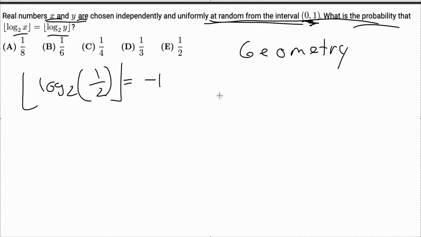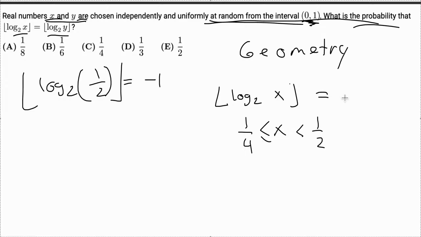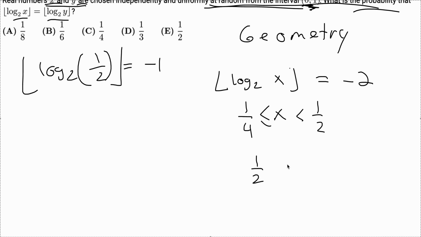But for the floor of the log base 2 of some x, let's say x has to be less than 1/2 but greater than 1/4. So if we have something less than 1/2, then we know that floor is going to be -2. And similarly, we can have 1/2 less than or equal to x less than 1.